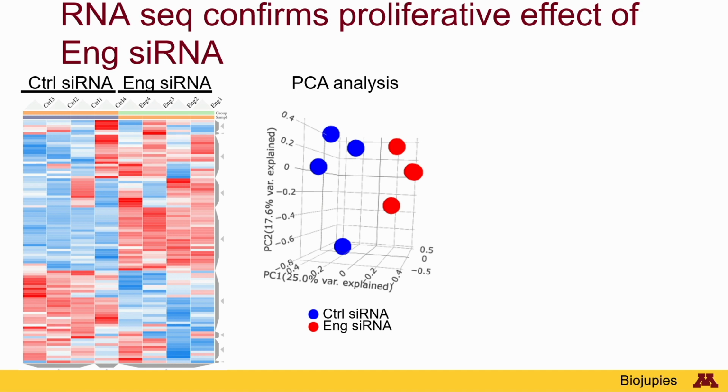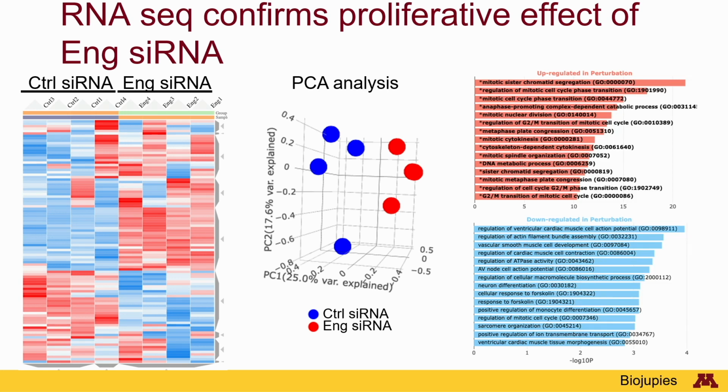When we then finally did pathway analysis, it was interesting to observe that the upregulated pathways with endoglin inhibition were all related to mitosis and chromatin, while the downregulated pathways were all related to sarcomere expression or cardiac muscle function. So that suggests that maybe endoglin inhibition suppresses the cardiomyocyte differentiation state to allow cardiac myocytes to become proliferative.